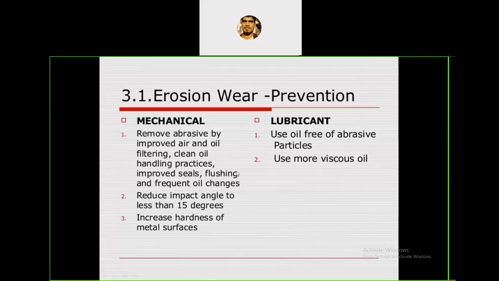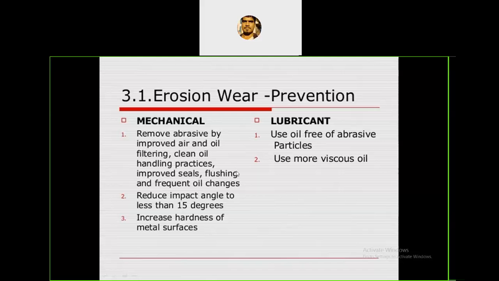In the hardness test, you check the hardness of the material with the help of a ball indenter or a diamond indenter, applying pressure, which causes an indentation. If it doesn't produce any indentation, it is a very hard surface. If it produces an indentation, it's a soft surface. So here also, we have to provide a very hard surface so that it prevents the indentation or scratches produced by erosion wear.